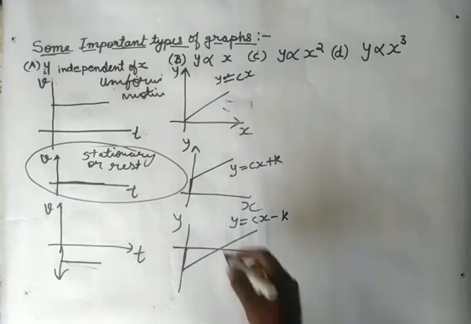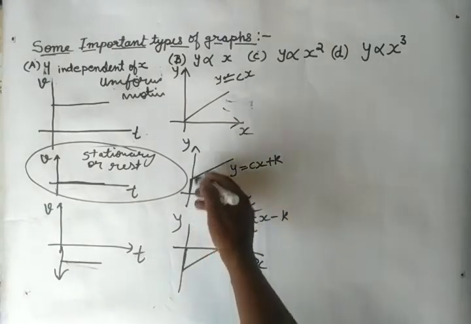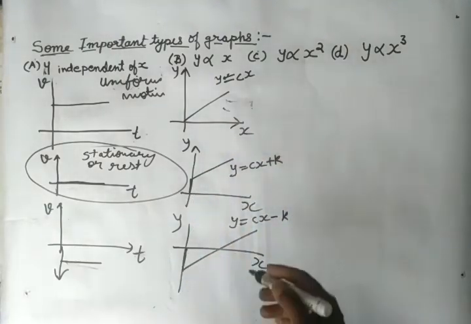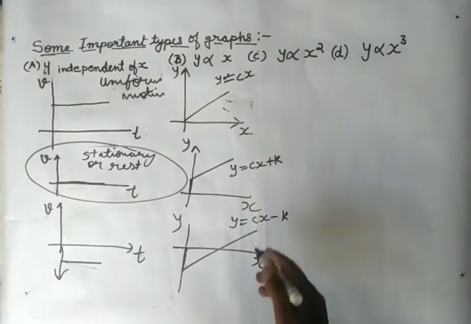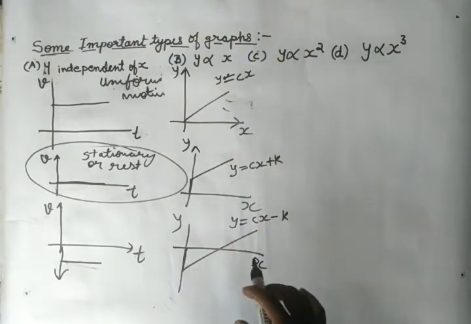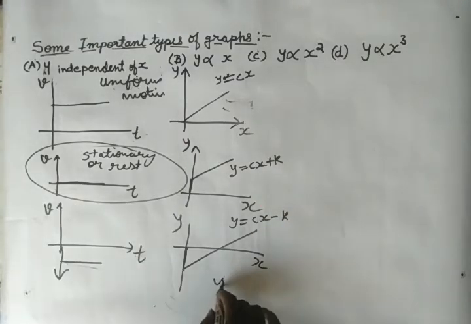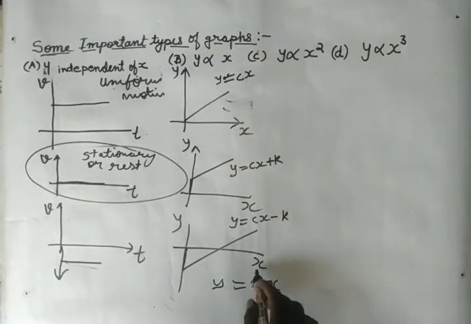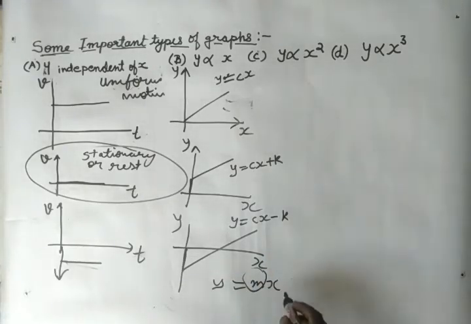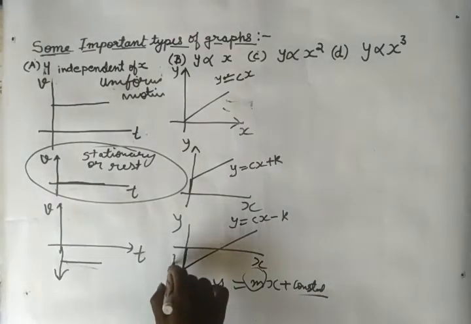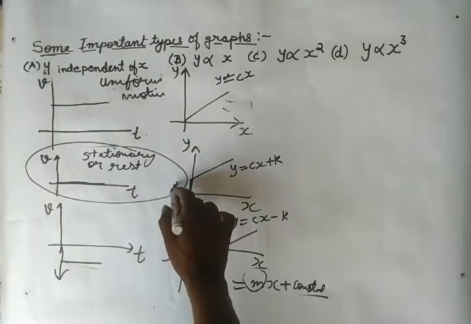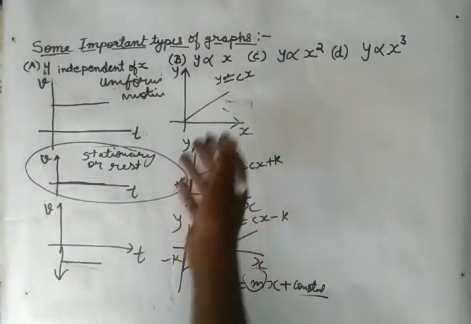So in mathematics, these are called intercepts. So this is positive intercept, this is negative intercept. These are also called equation of a straight line, y equal to mx plus c. M is called the slope of that graph, plus some constant. That constant is the intercept, like k is here. This is the value of k, negative of course. This is k, positive of course. There is no k because it is 0.